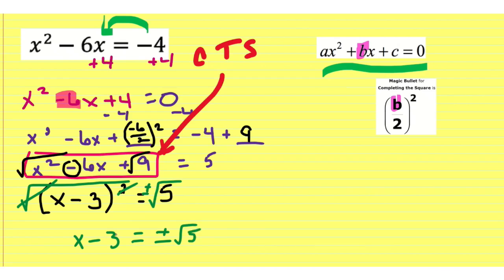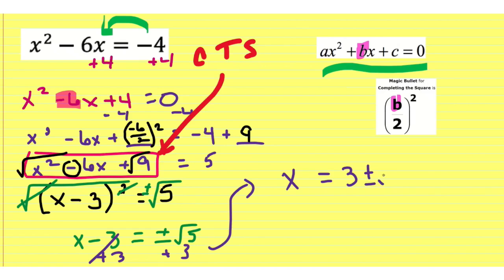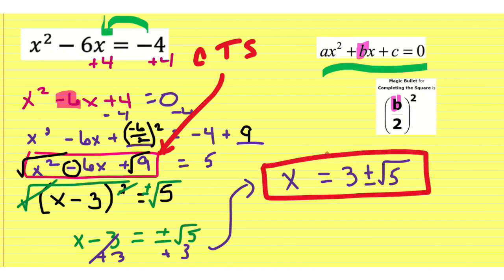Now I am going to add 3 to both sides. Plus 3 and plus 3. These 3's will cancel out. And that is going to leave me with x is equal to 3 plus or minus the square root of 5. So we have a plus answer, we have a negative answer, and those are my two solutions for my original quadratic that I started with.